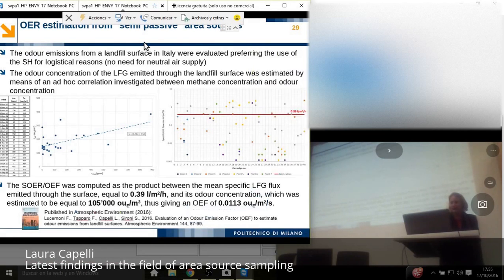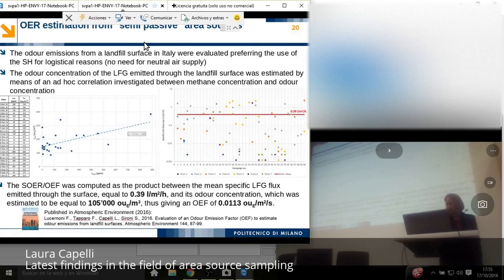So we did that, and we tried to estimate the emissions of landfill gas from a landfill surface, and we also tried to find a correlation between the landfill gas emission and the odor concentration.